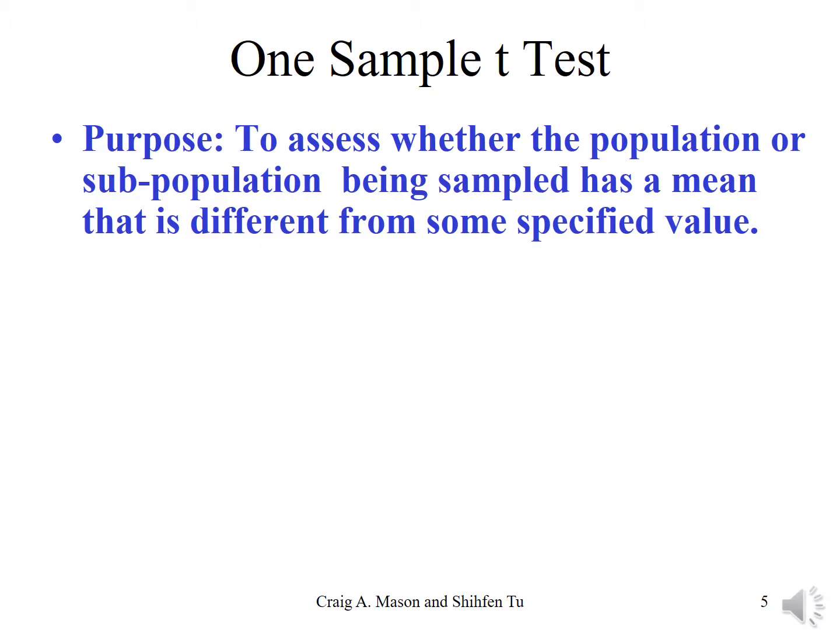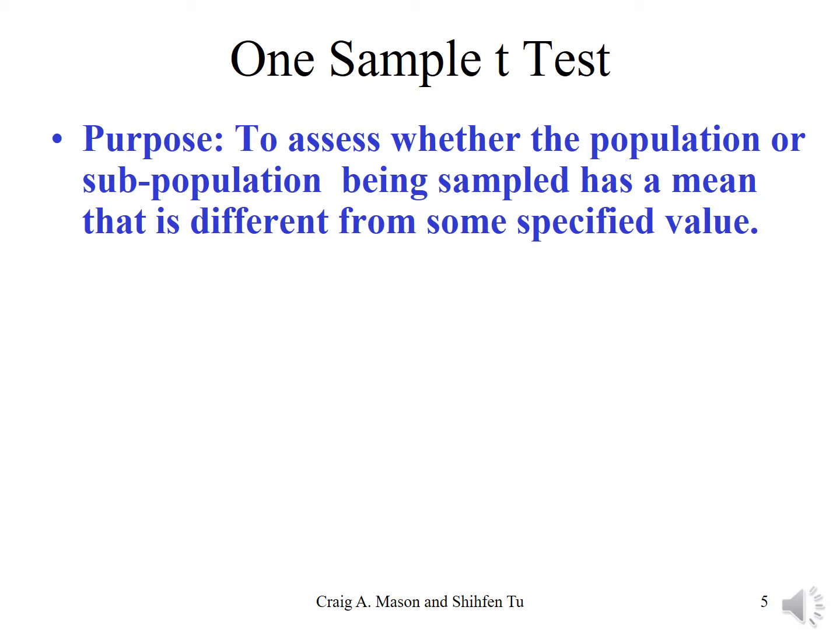A one-sample t-test is very similar to a one-sample z-test, with a couple of key differences. If you're a little confused or haven't watched the one-sample z-test videos, it may be worth going back and watching them as well. For example, the purpose of a one-sample t-test is the same as a one-sample z-test.